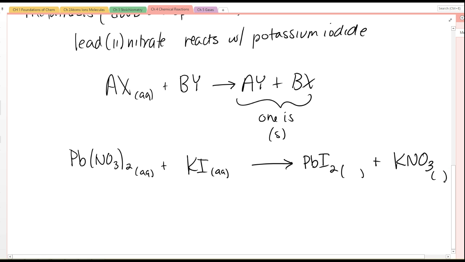Looking at these two, one of them has to be a solid and one has to be aqueous. Well, since the potassium nitrate has one of those ions that I talked about earlier, nitrate, we know that's going to be aqueous, and the lead iodide is going to be solid. So the lead iodide is our precipitate, which is abbreviated PPT, kind of like PowerPoint. Now, this is not a balanced chemical equation, so see if you can balance it.